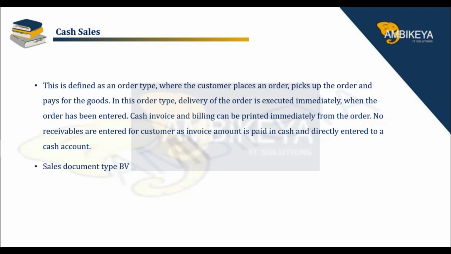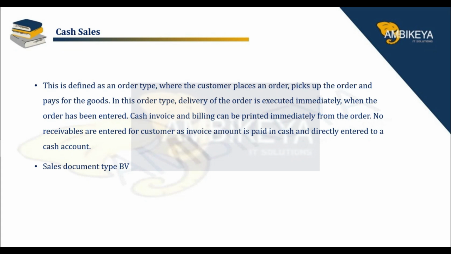In the nowadays scenario, you may say a UPI sale where you pay by UPI, but it is ultimately a cash sales document only, which is done in the system. Here, when you create it in the system, I'll show you the demo. The delivery document is generated automatically and completed automatically.